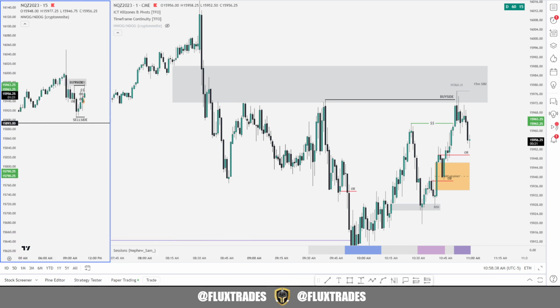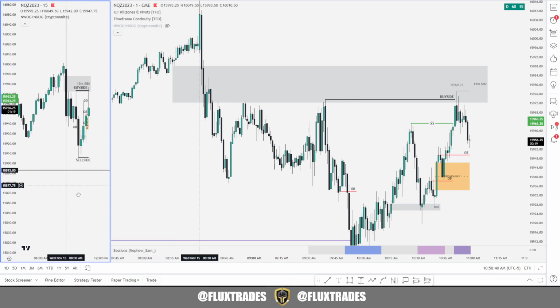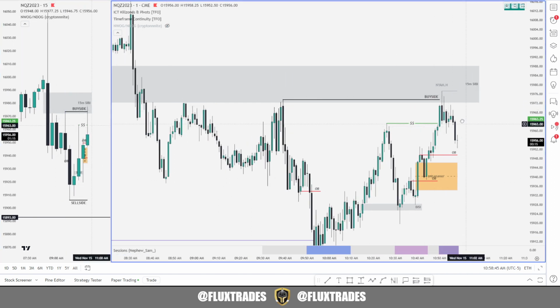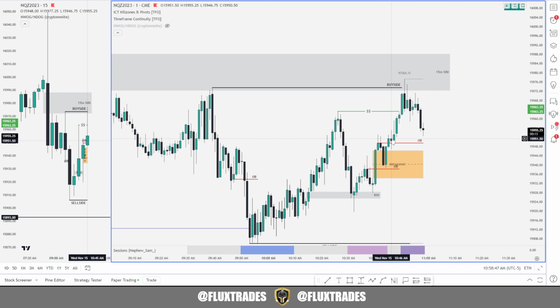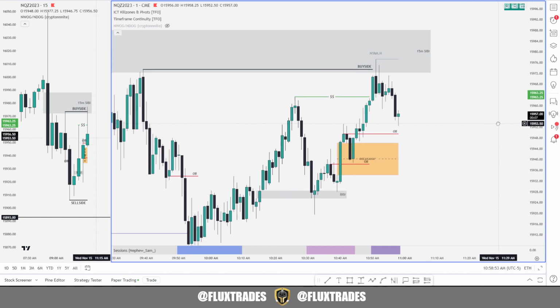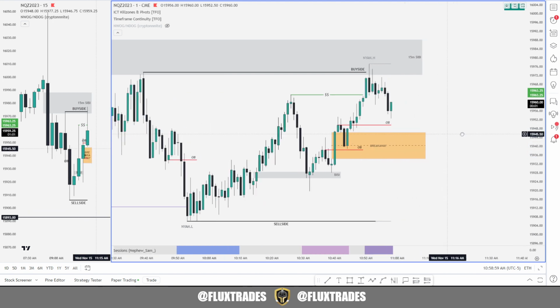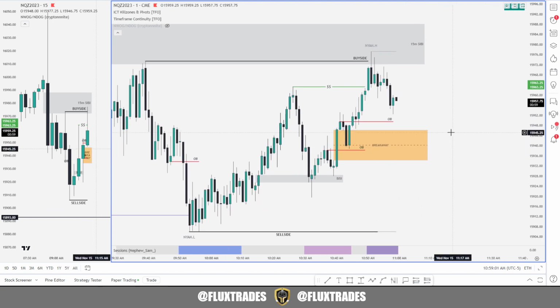So we dug up further into the 15-minute right there. Also why we're rejecting, right? Watch this down closing candle as well as this. So both of these, nice propulsion block there. Watch the SIBI here too.